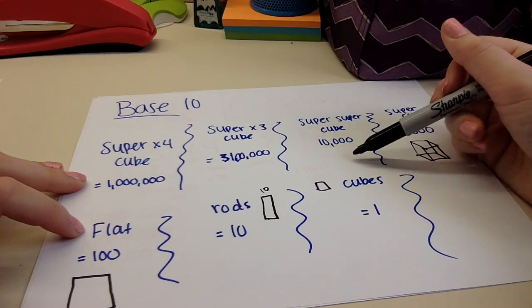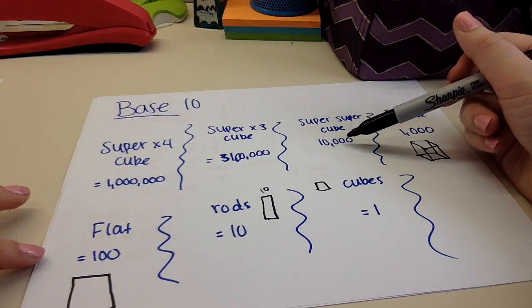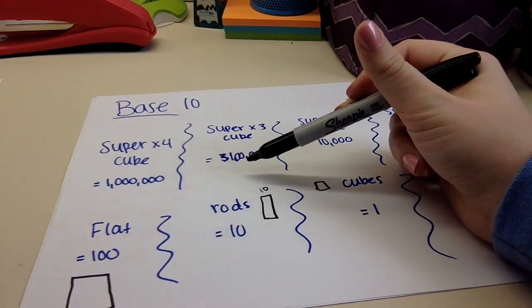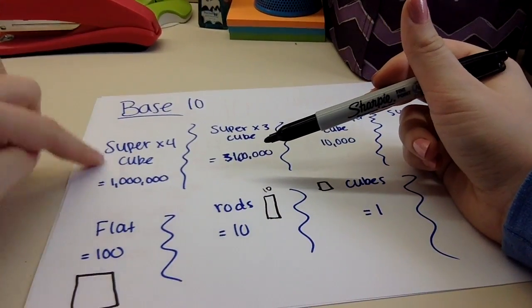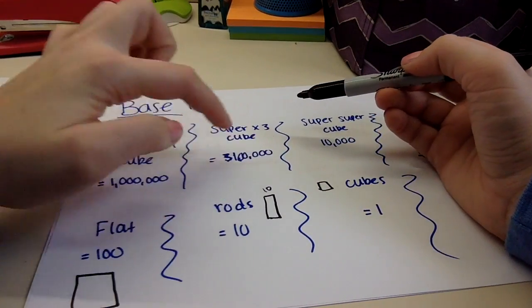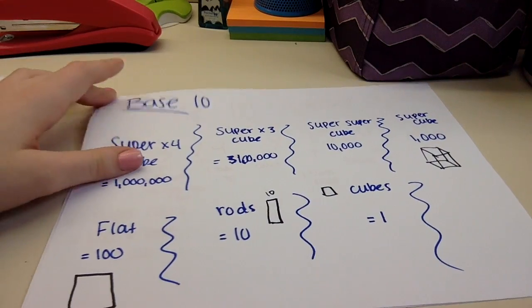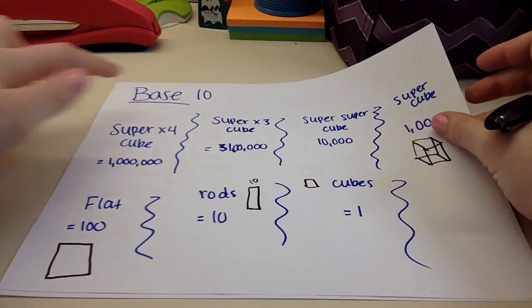A super times 3 cube is 10,000. And a super times 4 cube is all of these flats stacked on top of each other to give you 1 million. So we're going to be relating back our problem to the base 10 number system.